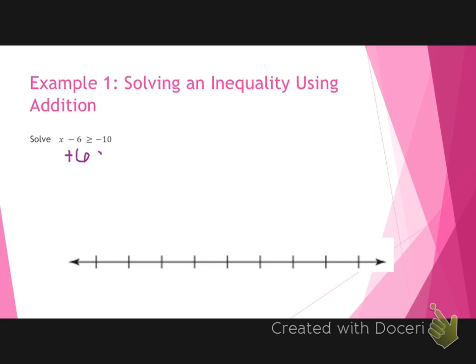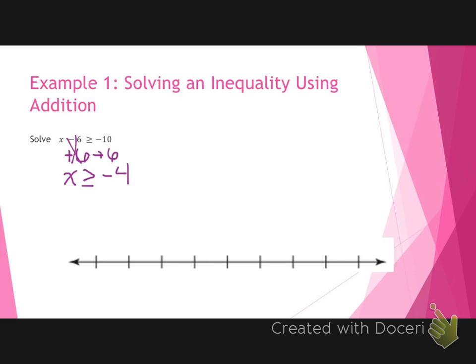Whatever you do to one side, we're going to do to the other. Those will cancel out. I'm left with just x over here. You keep the sign, greater than or equal to, and negative 10 plus 6 is negative 4. So that's going to be the equivalent inequality.